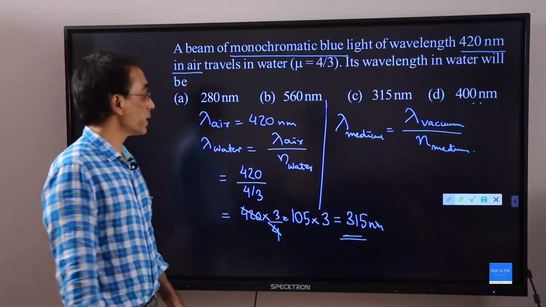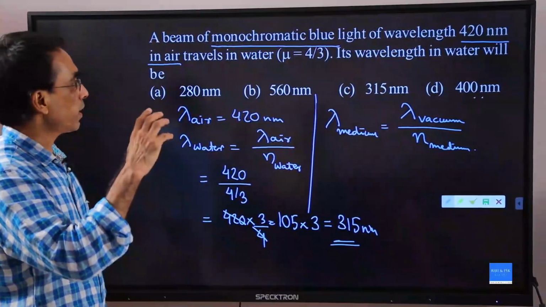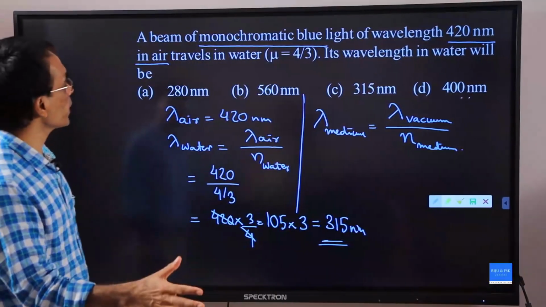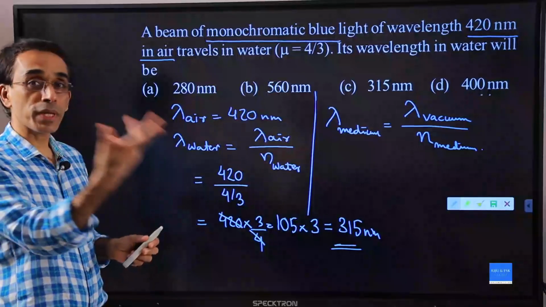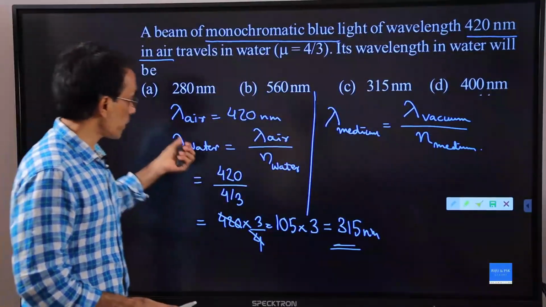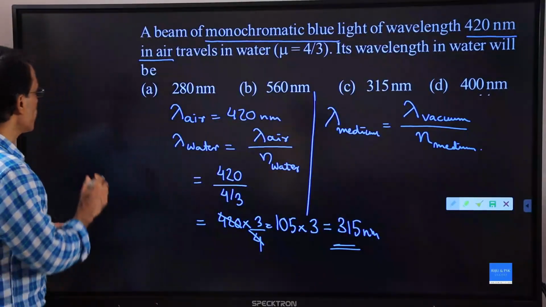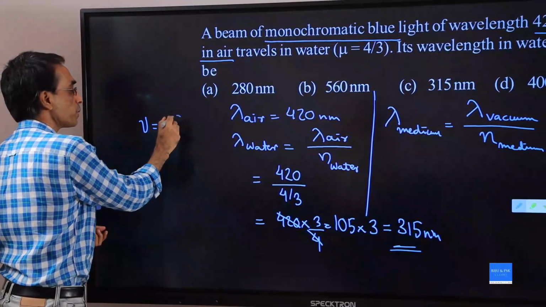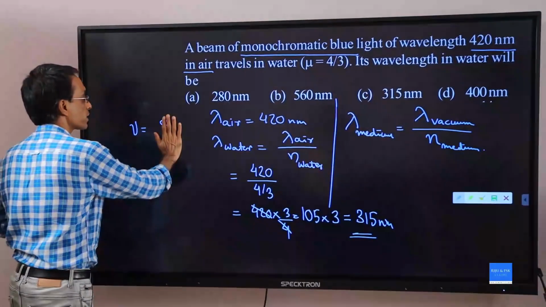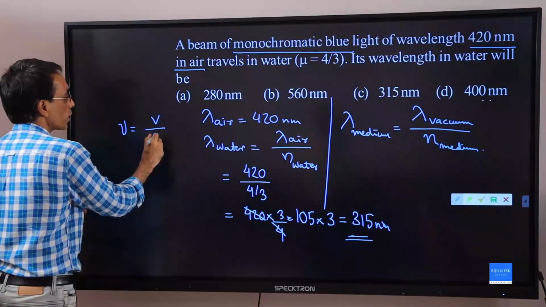So what you understand is this: when a light ray goes from a rarer medium like air into a denser medium, we know its speed decreases, and wavelength also decreases. Frequency is the ratio of speed, let us say speed is V, divided by wavelength.